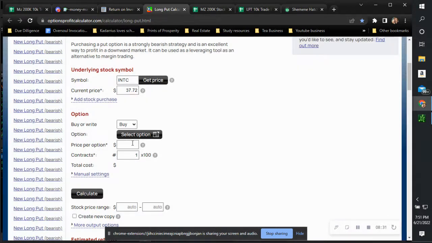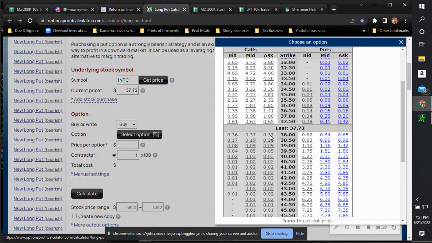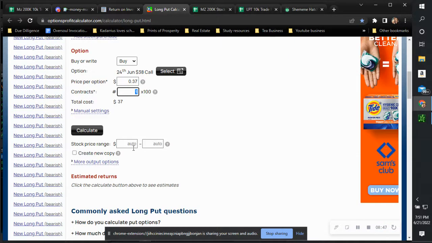All right. So I'm going to select one. I'm bullish on Intel, so I'm going to select a call. The amount that I am putting into this trade is going to be $100.